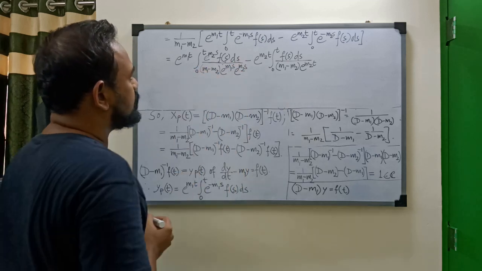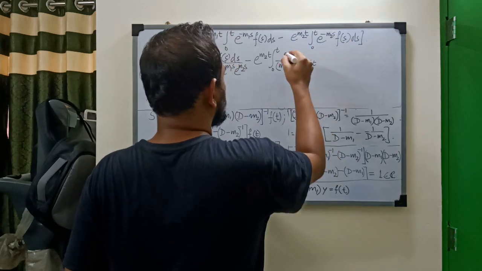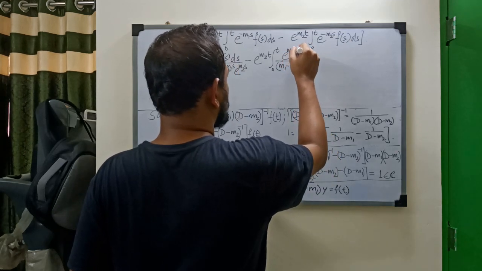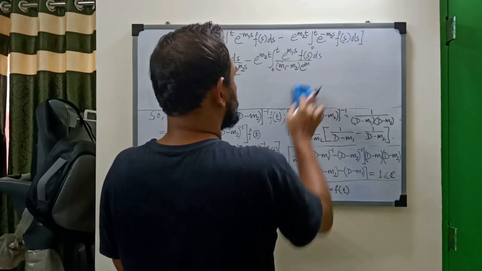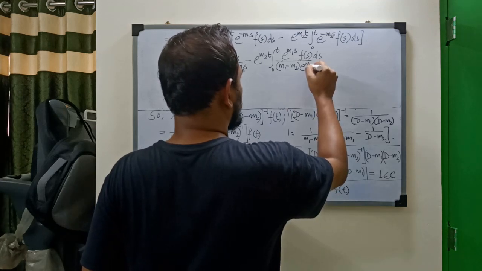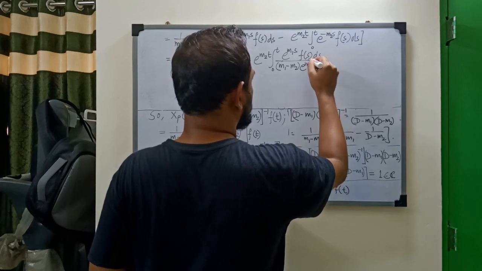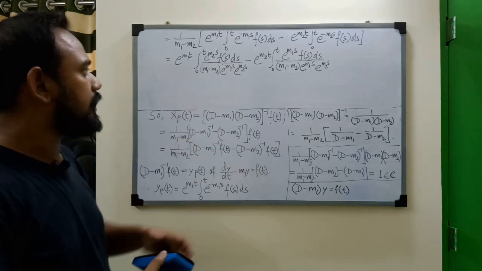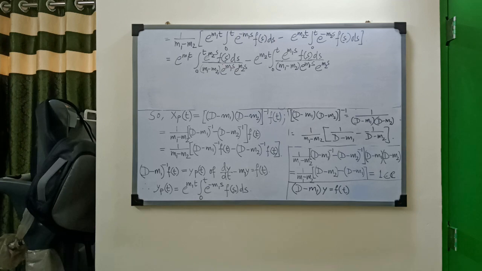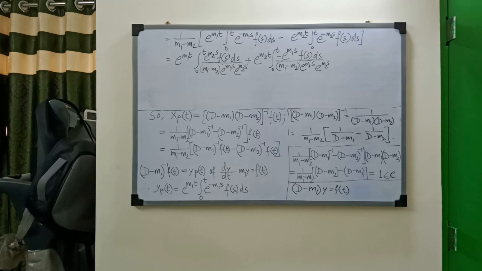I'm going to do the same with this one: I'm going to multiply e to the m1s, f(s) ds, and I'm going to have e to the m1s, e to the m2s. I multiplied both up and down by e to the m1s for this integrand. And let's just make this plus, and I'm going to bring this minus in here.